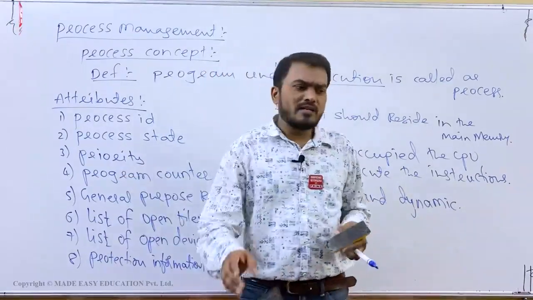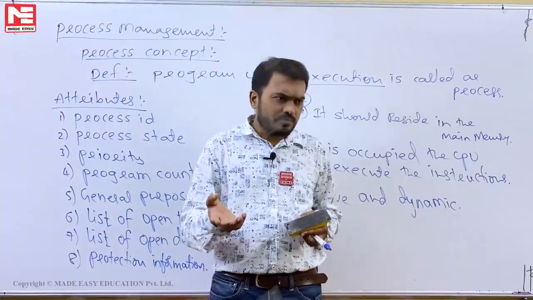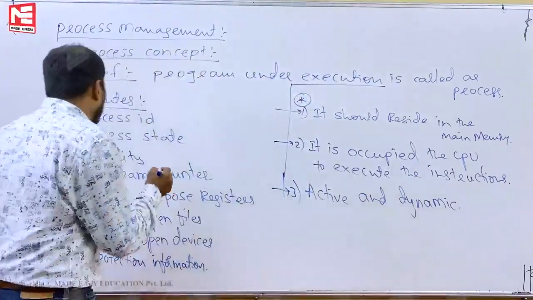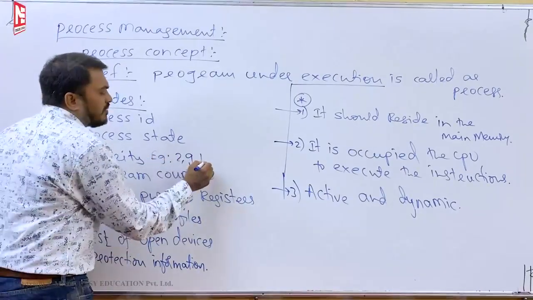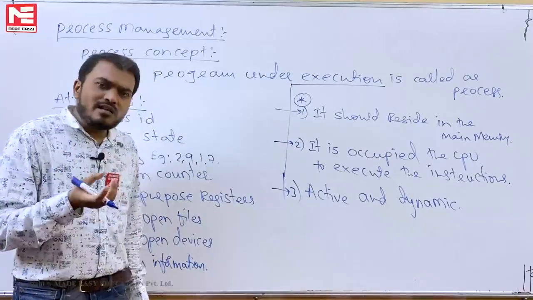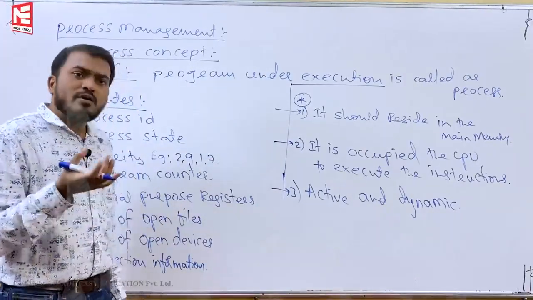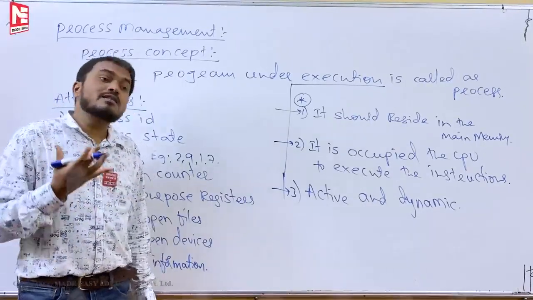So what is priority? Simple, understand here. Priority is a parameter, in the sense some number. Example, let's say the priority of a process is 2, another is 9, another is 1, another is 7. The operating system will assign some number as a priority to the process.